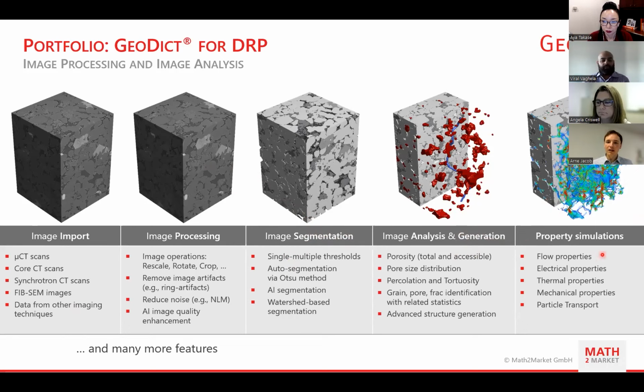And there we are one of the market leaders, the property simulation predictions. So our LIR solver, for example, is very good in predicting the porosity and also the conductivity of samples. And we are moving even further to put that also to the mechanical properties.